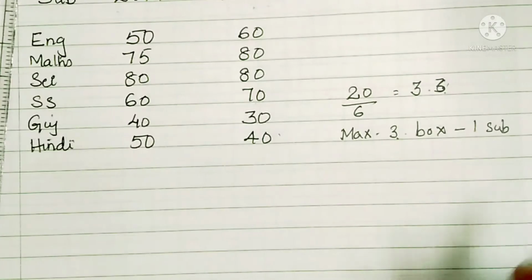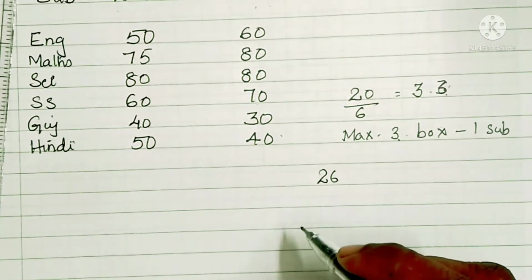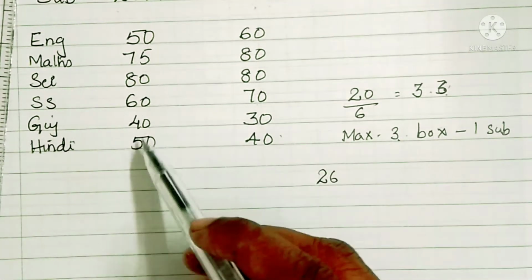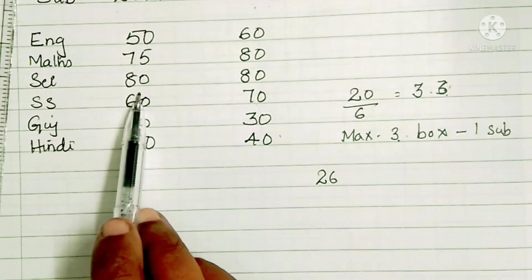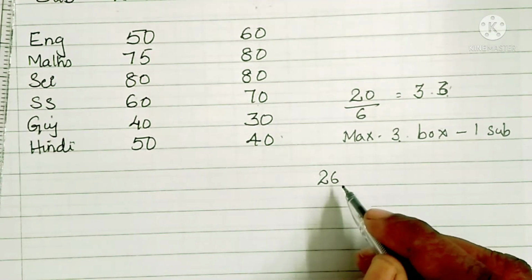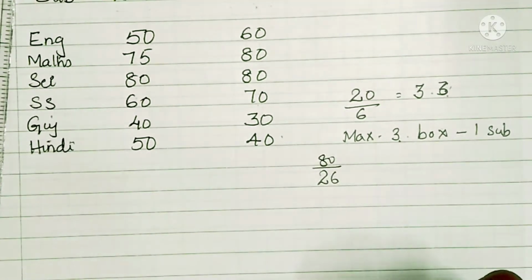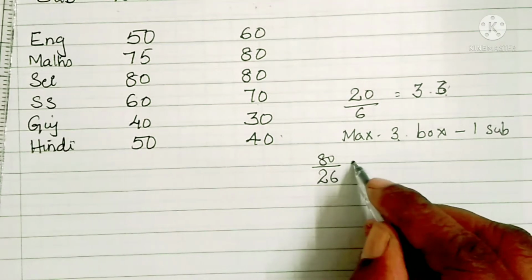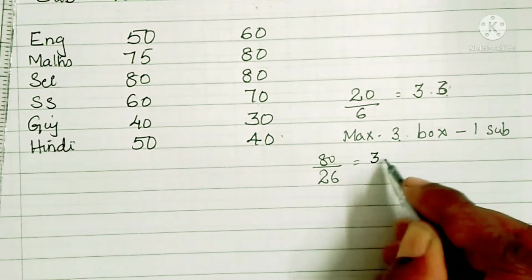Similarly, on the y-axis we have 26 boxes and the maximum number of students is 80. If you divide 80 by 26, you will get 3 point something.